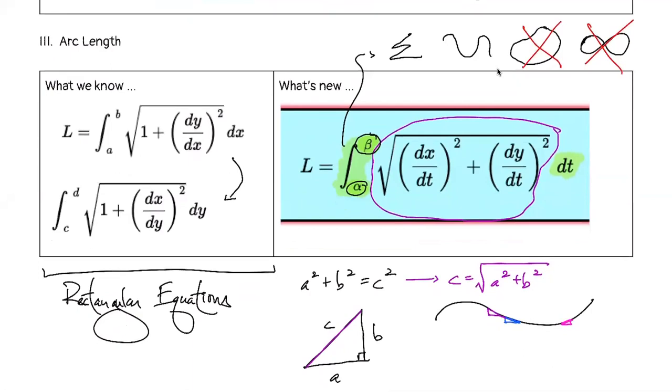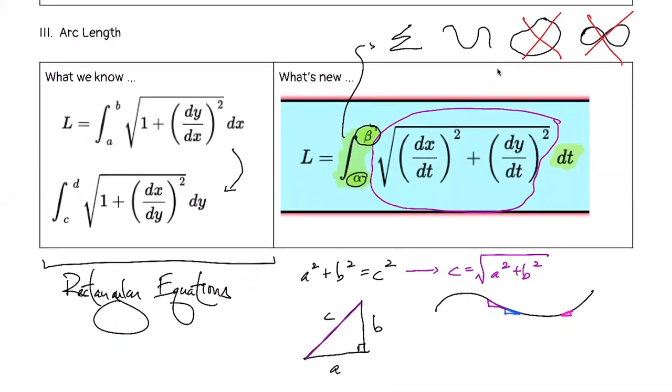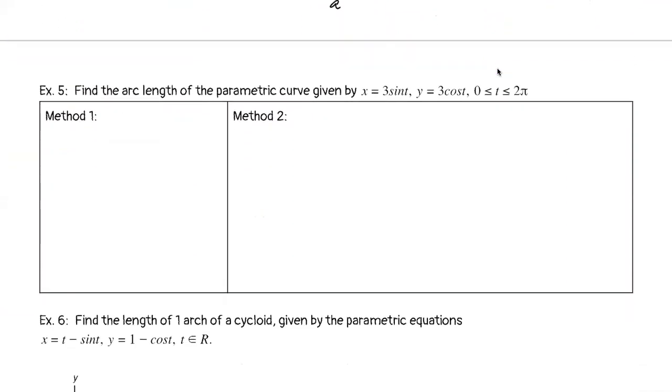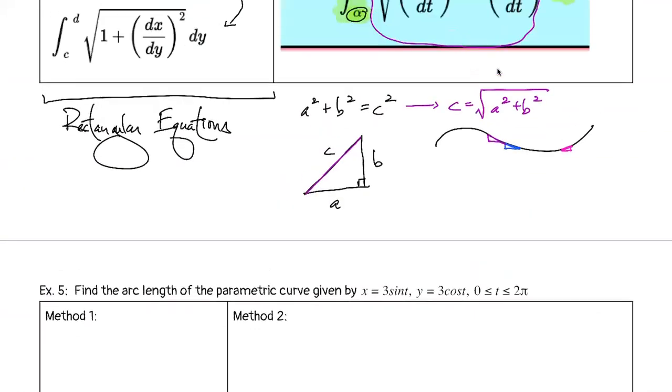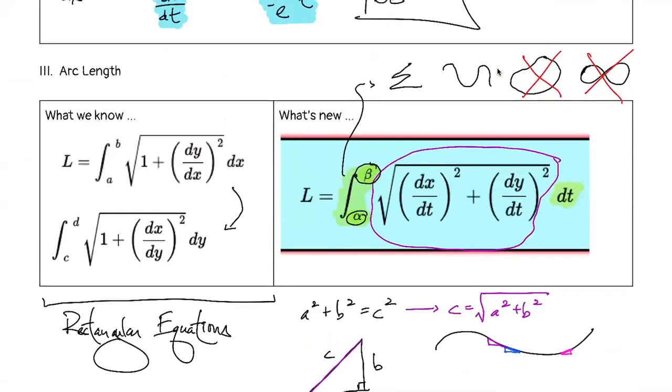All right, so let's see what some of these look like. When we're looking at this intersecting itself, we really want to think not like crossing itself multiple times, okay?